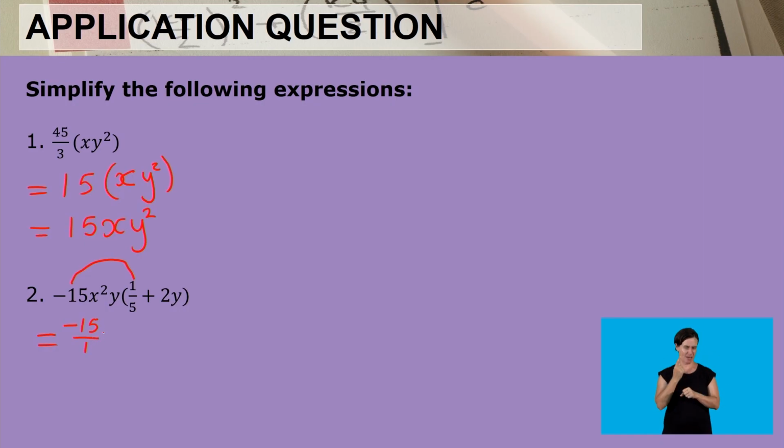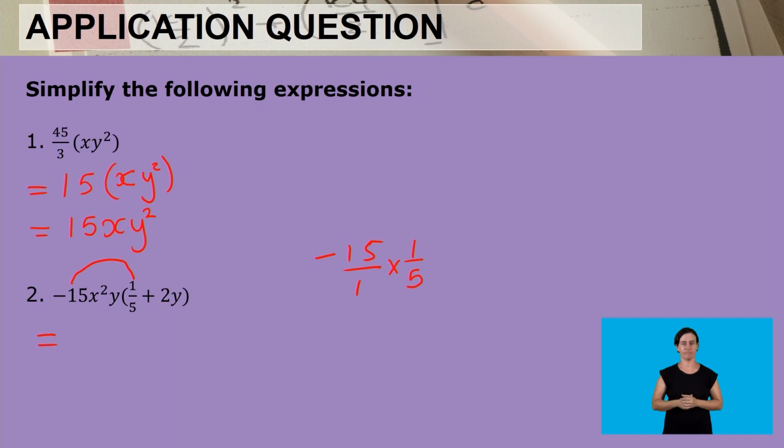Then that is going to multiply with that 1/5. Or for space, let us just do it here on the side. So the negative 15 as a fraction is negative 15 divided by 1, because we remember from the properties of 1 that dividing any number by 1, that number remains the same. And we are going to multiply this by 1/5.